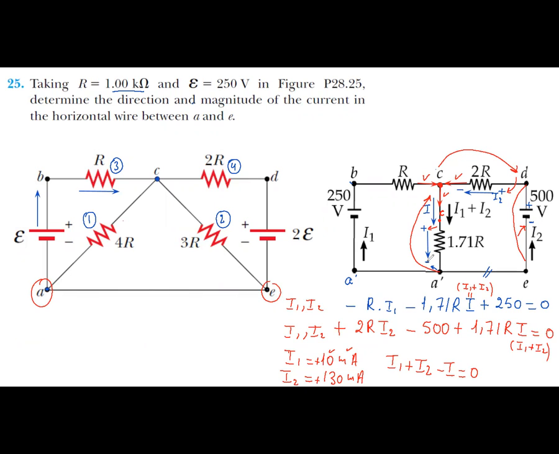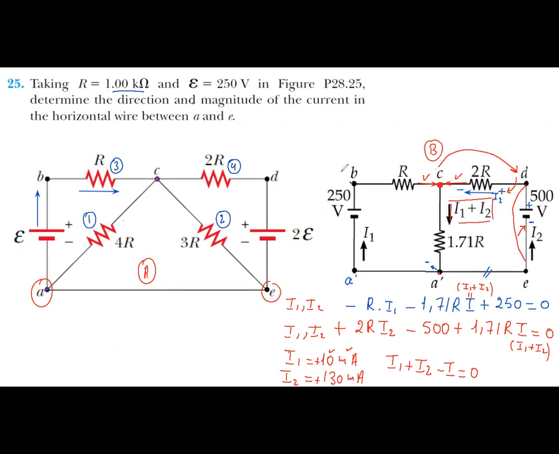So here from the figure, we have figure A, and this one is figure B. As we calculated the value of I, the summation of I1 plus I2, we can find the voltage between C and A prime, or between C and A, or between C and E. It's the same. We said we have the same point.